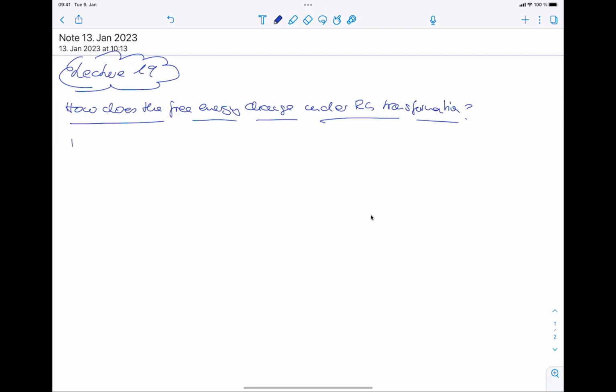So remember, under the RG transformation, we go from a coupling K to a coupling K prime, where K is now a vector comprising all system parameters. And similarly, what we do is coarse graining or blocking.